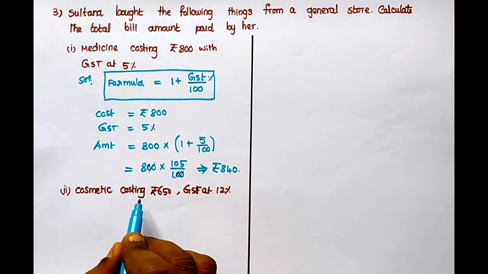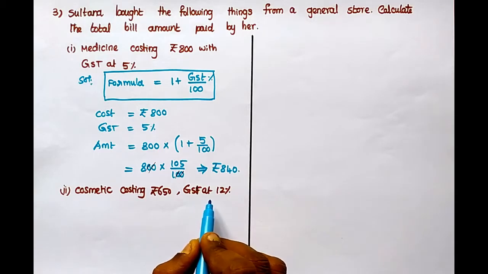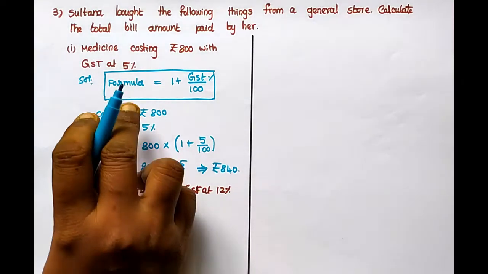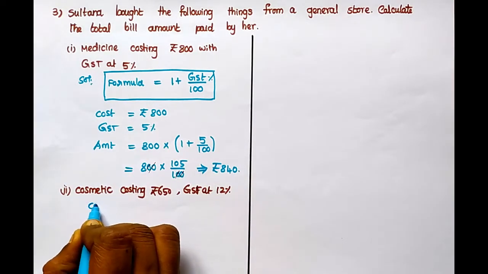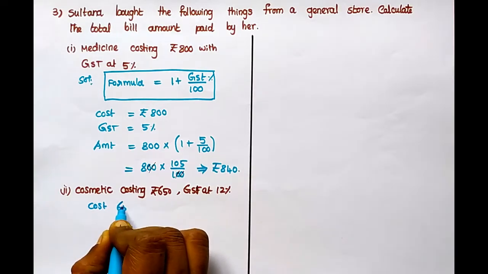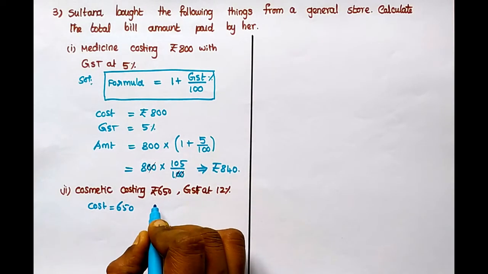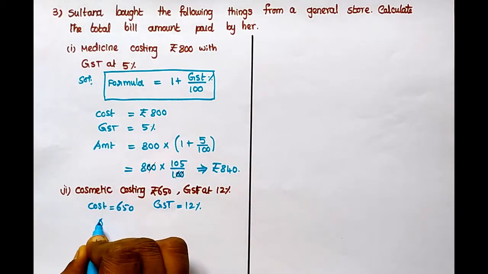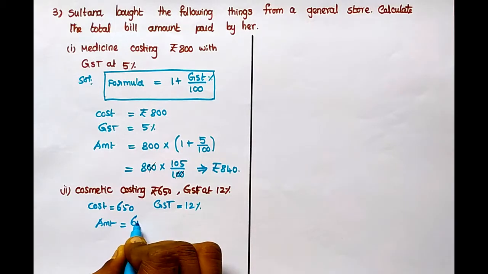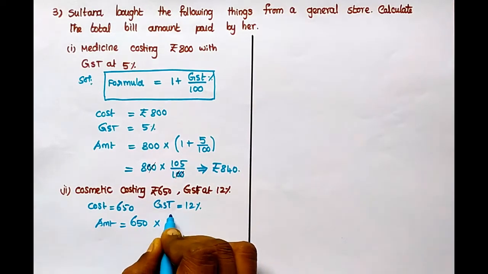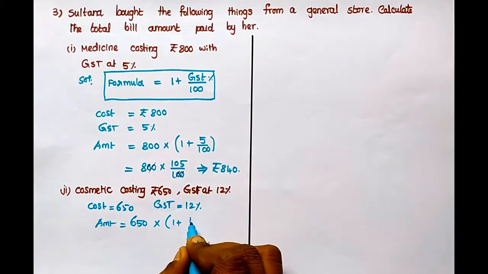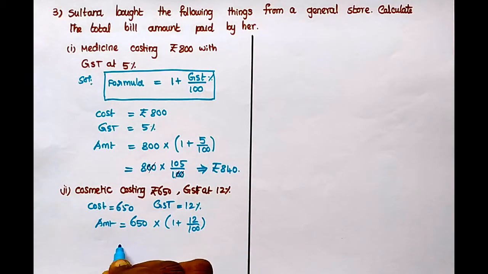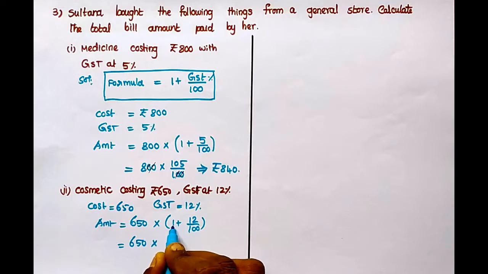Next one, cosmetic costing 650 rupees at GST 12%. Same formula we have to apply. So cost is 650 and GST 12%. Now amount equal to 650 into 1 plus 12 by 100, that is equal to 650 into 100 plus 12, 112 by 100.